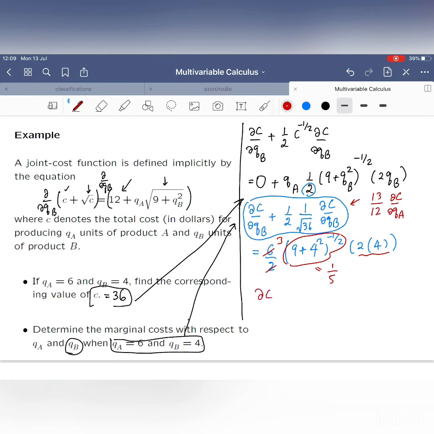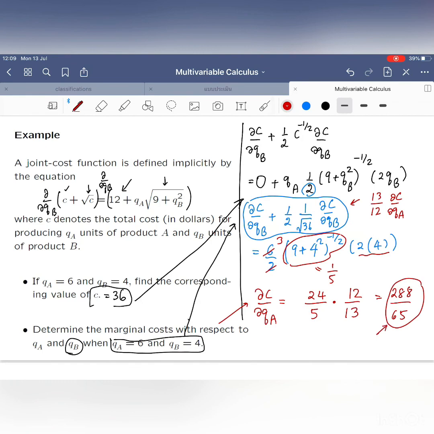So it means that DC by DQB at this particular point, you have 24 over 5, and then do a cross multiply by 12 over 13. 24 over this, and if you need, you can use your calculator to get 288, and 13 multiplied by 5 is 65.